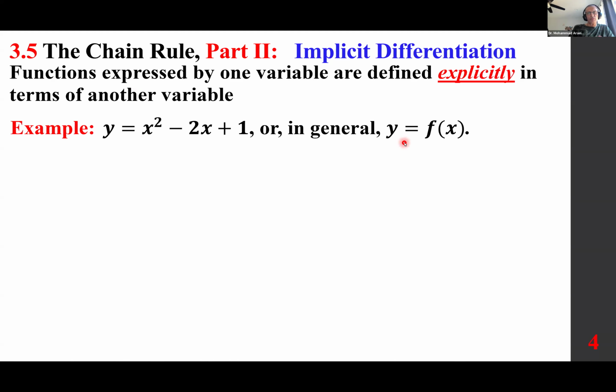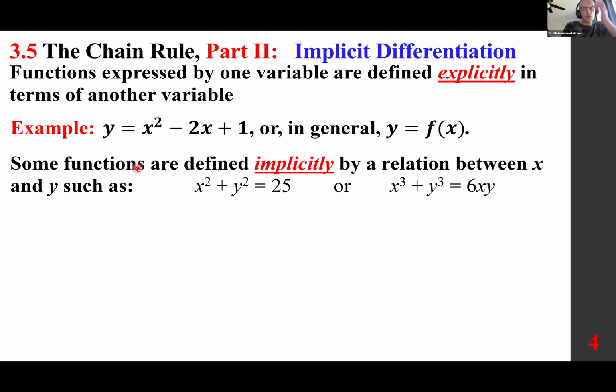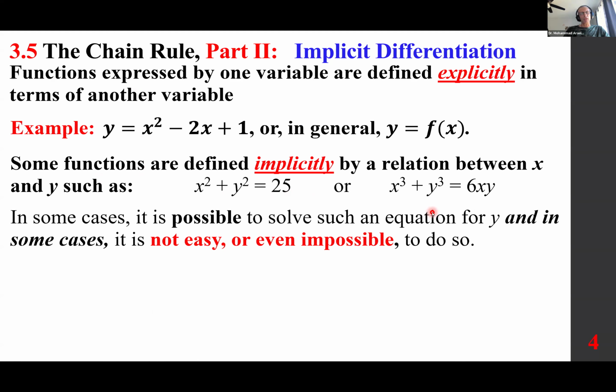We've dealt with them, we have differentiated them, no problem. However, some functions are defined implicitly by a relation between x and y, such as x squared plus y squared equals 25, or x cubed plus y cubed equals 6xy. In some cases, it is possible to solve such an equation for y, and in some cases, it is not easy or even impossible to do so.